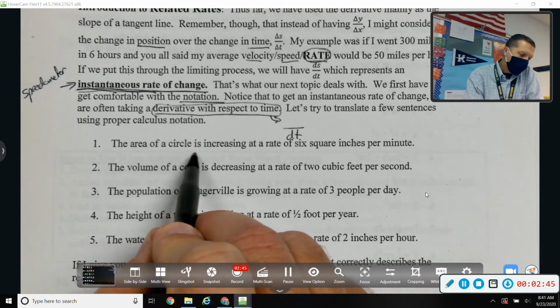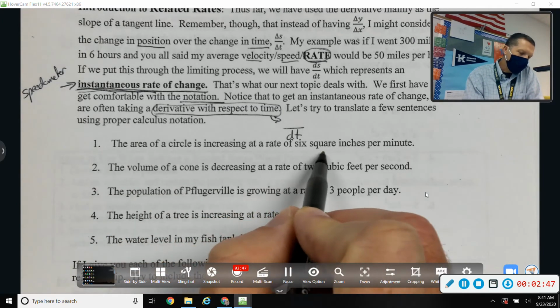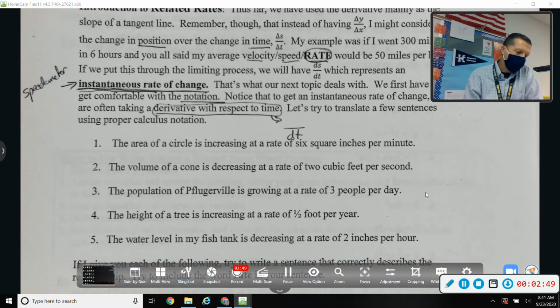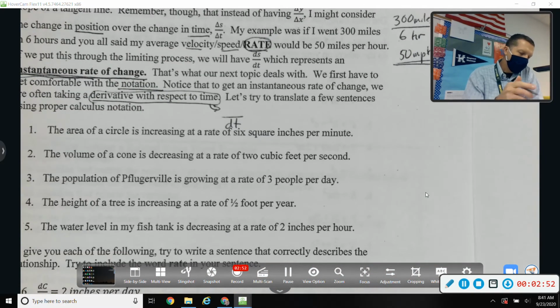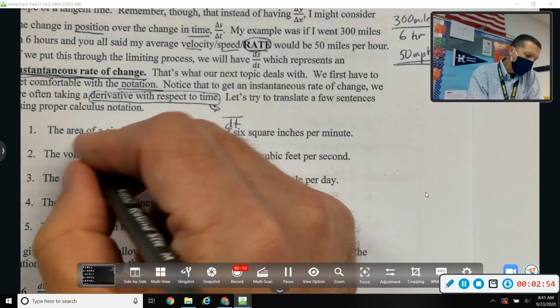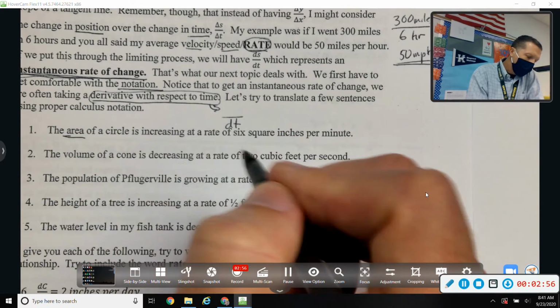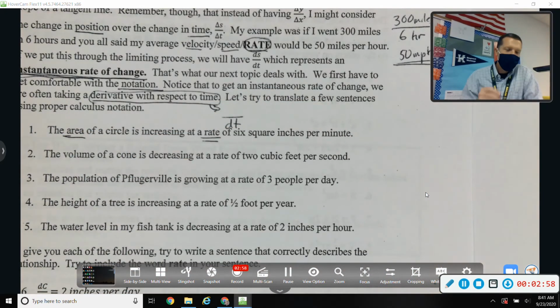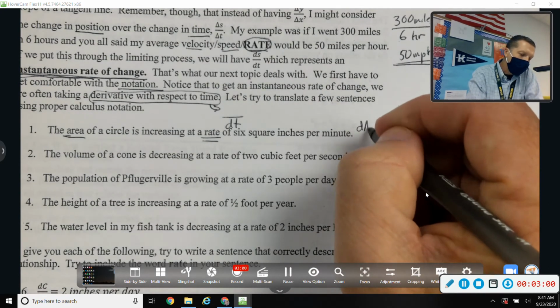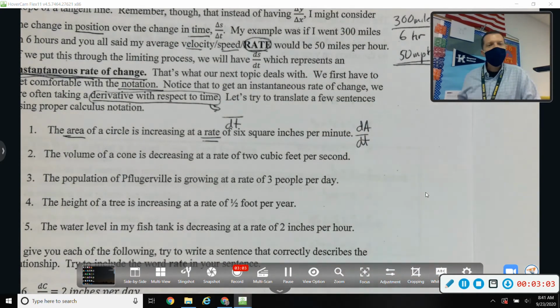The area of a circle is increasing at a rate of 6 square inches per minute. So the area of a circle is increasing. So I'm not going to say A equals because it's a rate. So it's not A equals, it's dA dt equals because something's changing.